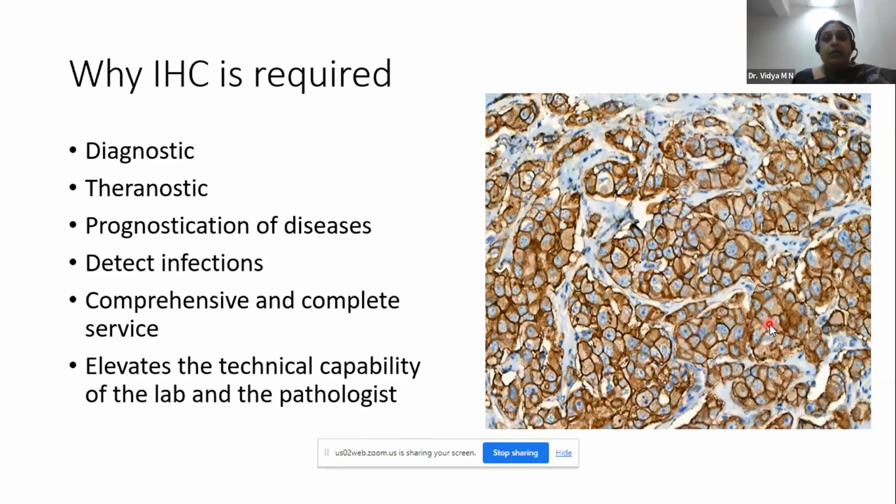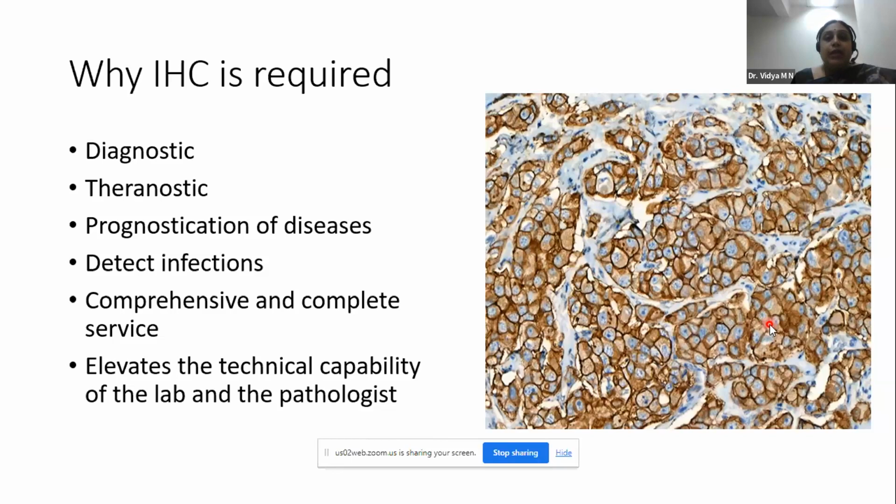And theranostic, I would say, is therapeutic dictation. So basically the pathologist here, with the help of IHC, is aiding the treatment of the patient. For example, the most common thing that we come across is breast cancers. These days, you know that even FNACs have been stopped, and it is predominantly core needle biopsy that we get. And the patients are put on various treatment based on the IHC results of the hormone markers.